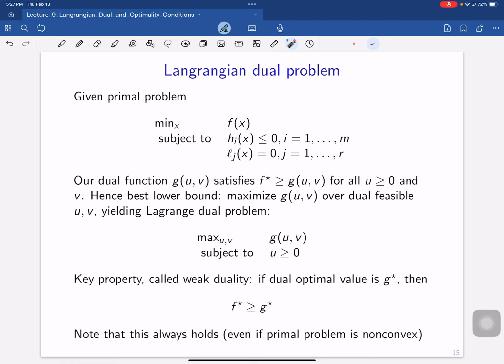We already showed for linear programs that the dual of a linear program is a linear program, of course. LP is convex. And we showed for any general QCQP, its dual is an SDP, right? The SDP is a convex problem. Now, let's say if this property holds in general for any optimization problem, the Lagrangian dual problem written this way is a convex problem in u and v. Okay, so how do we show that?